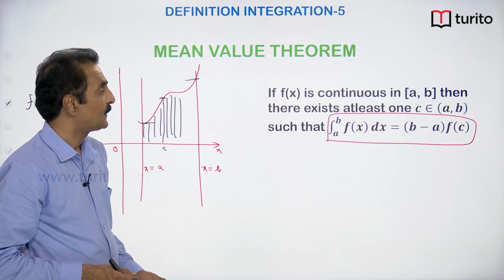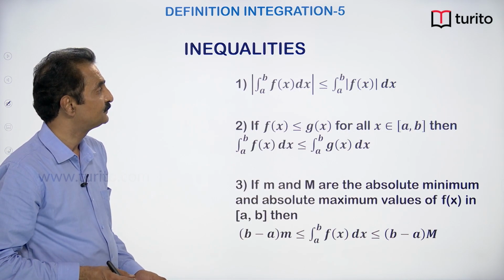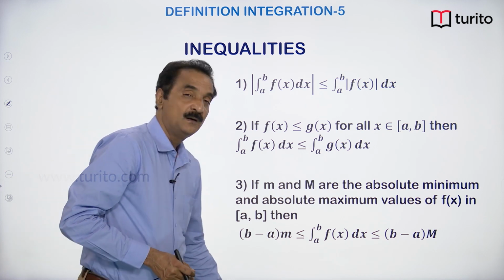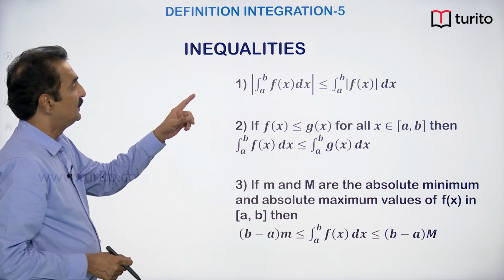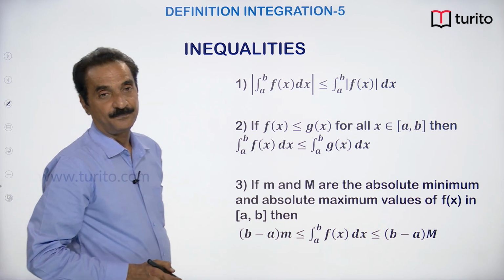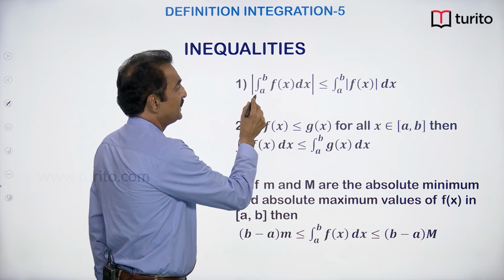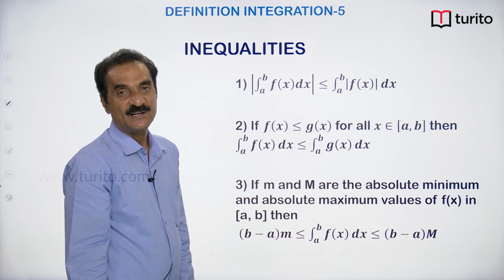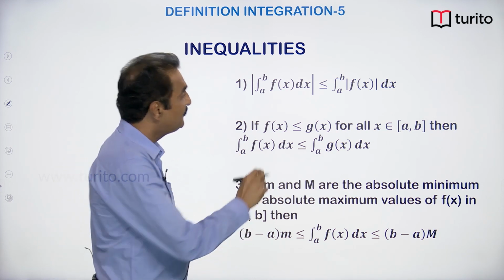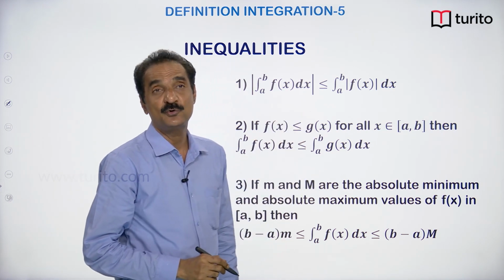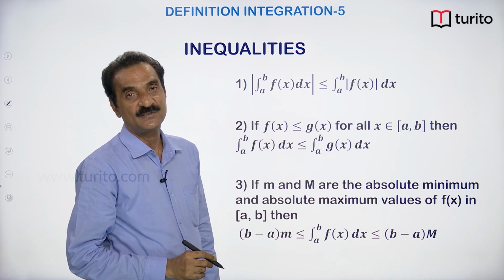Next, inequalities. First one, integral a to b f of x dx whole mod will be less than or equal to integral a to b mod f of x dx.